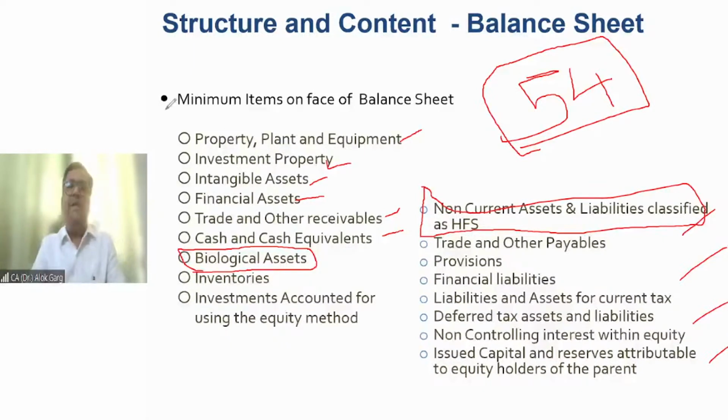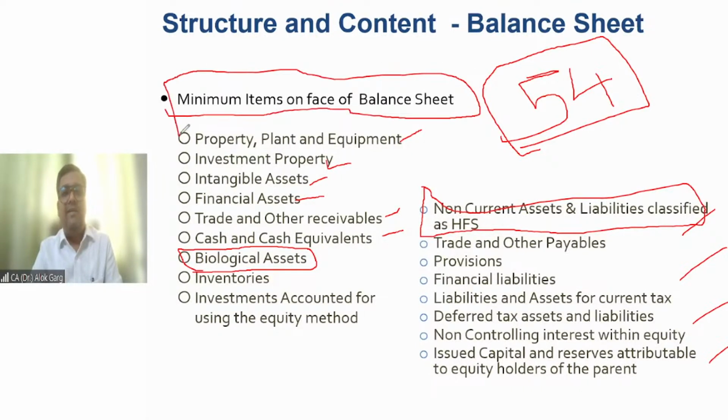Sir, you told us these are the minimum line items required to be presented on the face of the balance sheet. Sir, I have not found biological assets in every balance sheet. What is a biological asset? It is an animal or plant. Sir, for example, Bharti Airtel and Reliance Industries don't have biological assets.